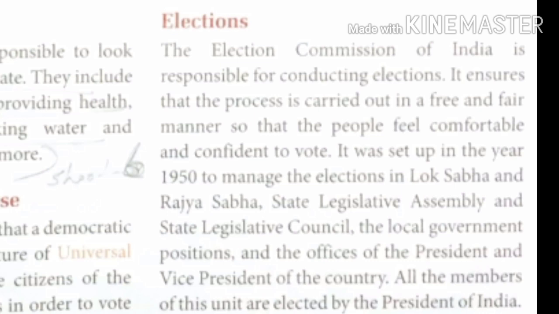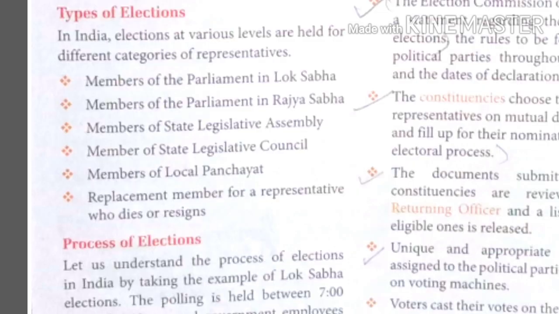Now we'll continue with the next topic, types of elections. There are different types of elections conducted in India. In India, elections at various levels are held for different categories of representatives.